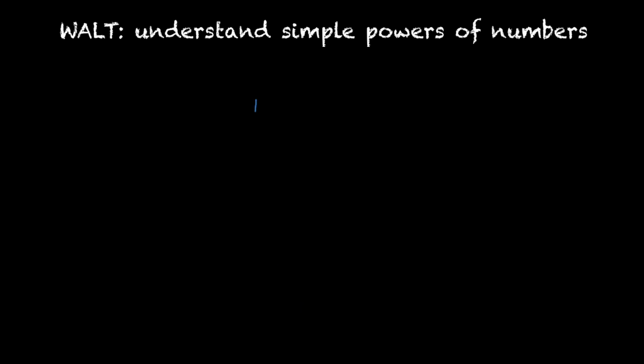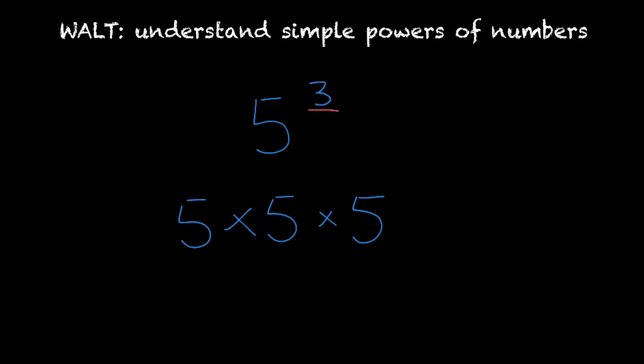So what if we had a number like 5 cubed, or 5 to the power of 3? That's right, we're going to times it by itself. 5 times 5 times 5. So that number 3 is representing 1, 2, 3 5s in our multiplication equation.